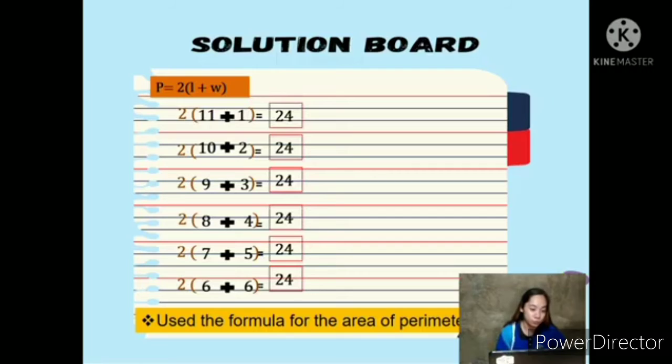So, 10 plus 2 times 2 is equal to 24. 9 plus 3 times 2 is equal to 24. 8 plus 4 times 2 is equal to 24. 7 plus 5 times 2 is equal to 24. And 6 plus 6 is equal to 12 multiplied by 2 is equal to 24.